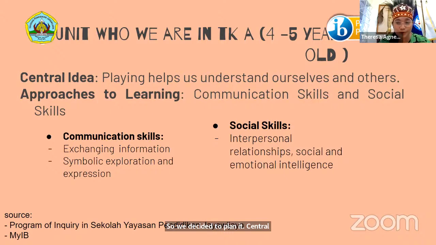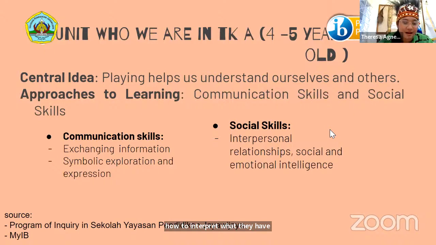And we also planned and used approaches to learning: communication skills and social skills. We need students to understand how to communicate. For example, how to talk, how to speak, how to listen, and how to interpret what they have listened to.